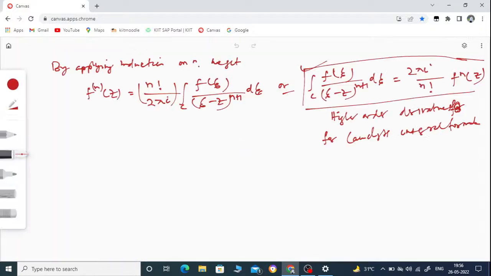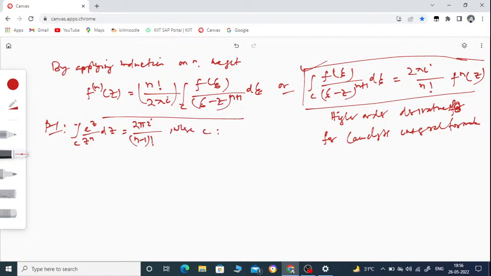Okay, now I will do a problem. We know our Cauchy integration formula for higher order derivative is this one. Suppose it says find the integration over C of e to the power z divided by z to the power n dz, and this will be 2 pi i divided by n minus 1 factorial, where C is the circle mod z equal to 1.